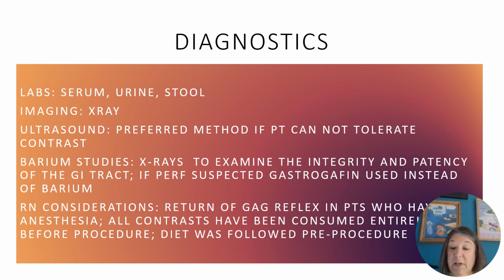Is our person able to handle their own secretions? Are they drooling? If they're drooling, they're not handling their own secretions, right? You don't expect to be talking to me and have spit coming out of my mouth, right? As spit forms, you swallow it, life goes on, okay? So before our person is allowed to have anything solid to eat, that gag reflex has to return.